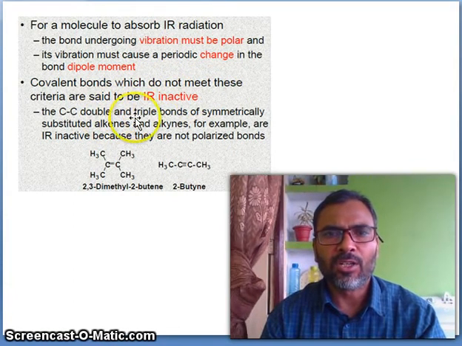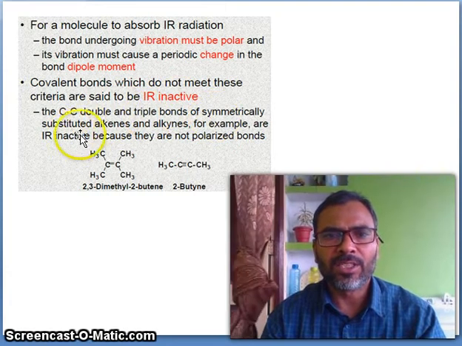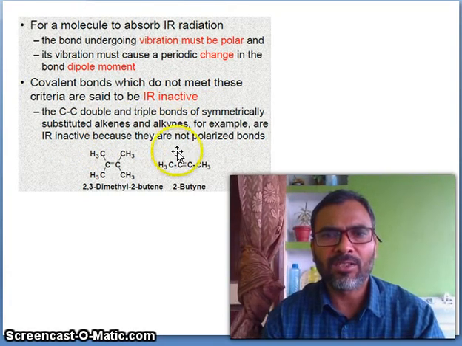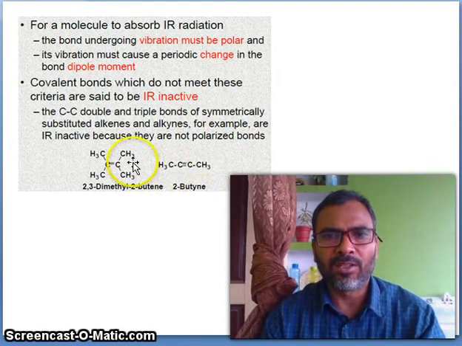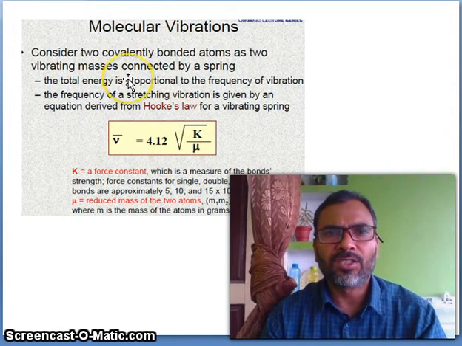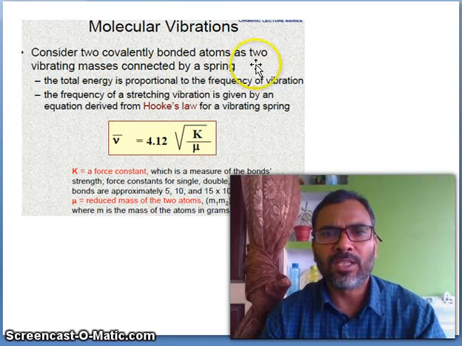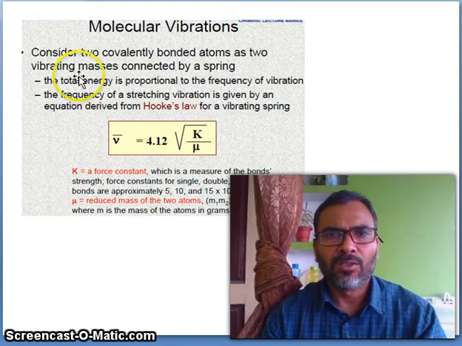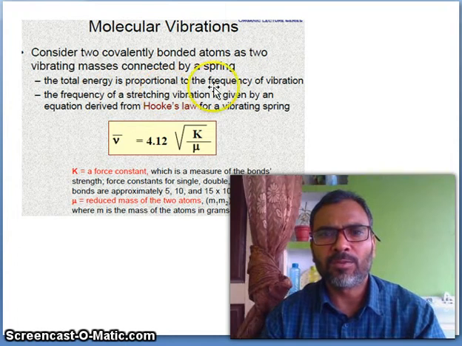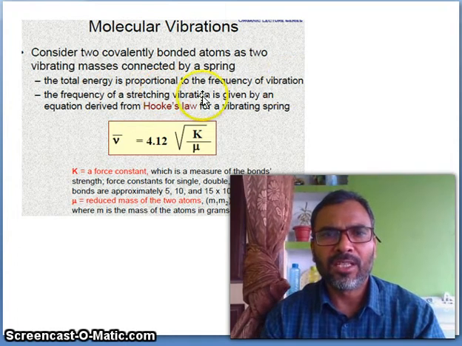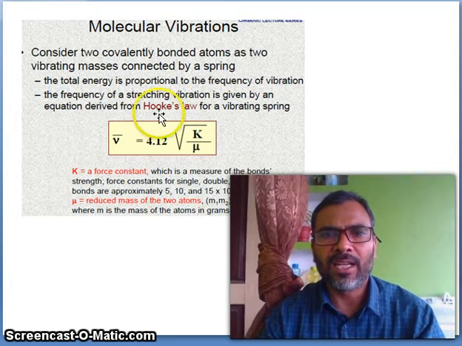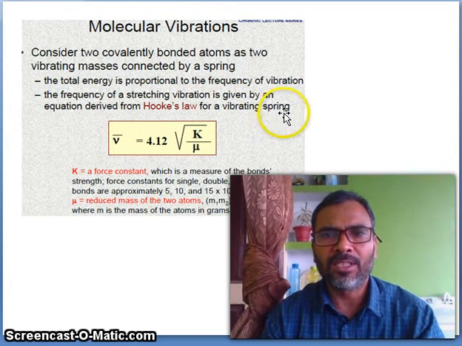The C=C double bond and C≡C triple bond of symmetrically substituted alkenes and alkynes, for example, are IR inactive because they are not polarized bonds. Look at here. So molecular vibration. Consider two covalently bonded atoms as two vibrating masses connected by a spring. The total energy is proportional to the frequency of vibration. The frequency of stretching vibration is given by an equation derived from Hooke's law for the vibrating spring.